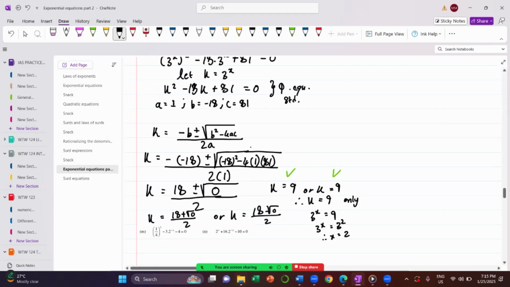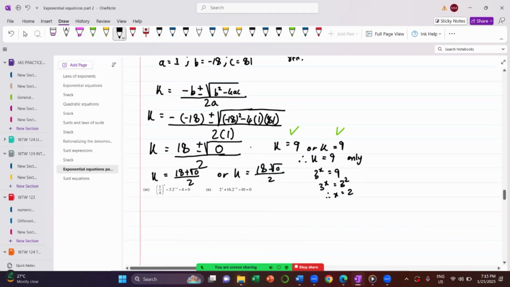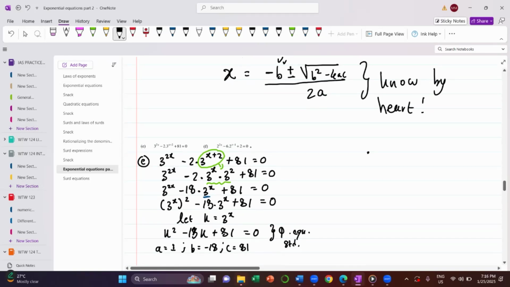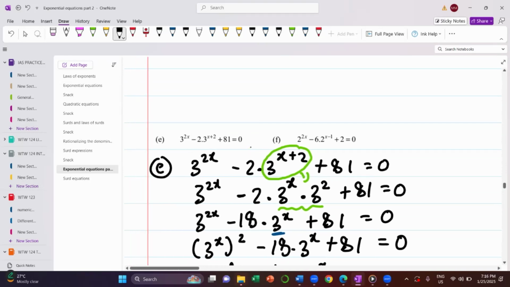You guys see this? Yes, sir. Okay, I'm very happy that you guys see it. So you guys see that problem F is still a similar problem. Even here with these two, I'm just going to separate. And then I'm going to have negative 6 times 2 to the exponent of x times 2 to the exponent of negative 1.